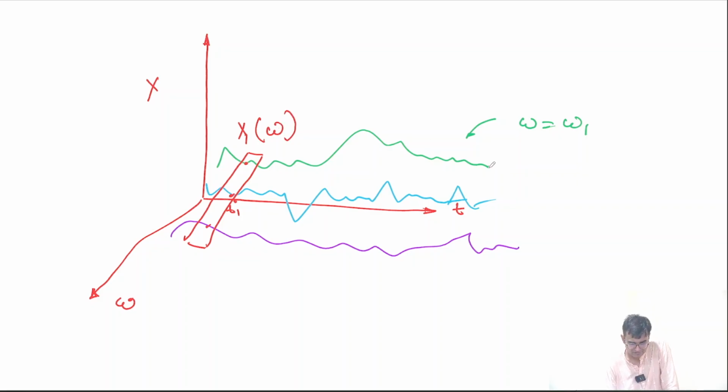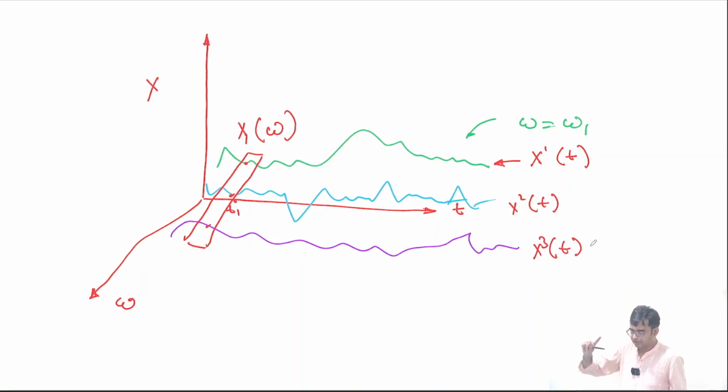Whereas this one is x1 of t, let's call it. This is x2 of t, this is x3 of t. The superscript means sample. Some random function you are getting, second random function, third sample, first sample, second sample.